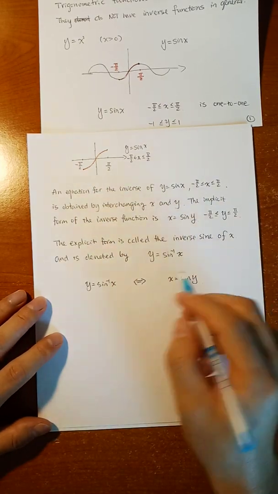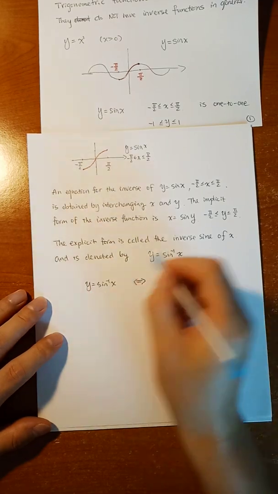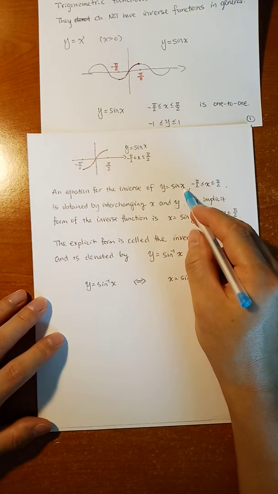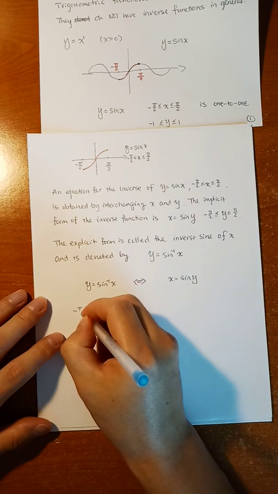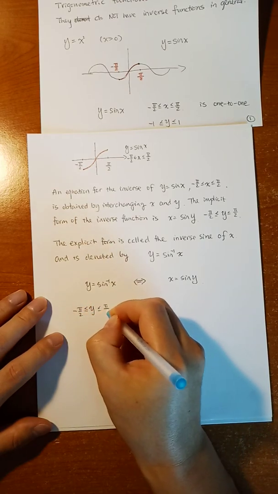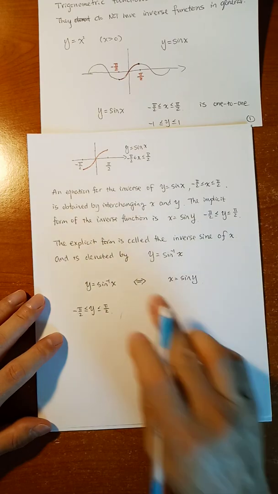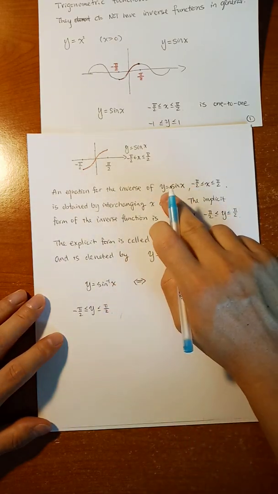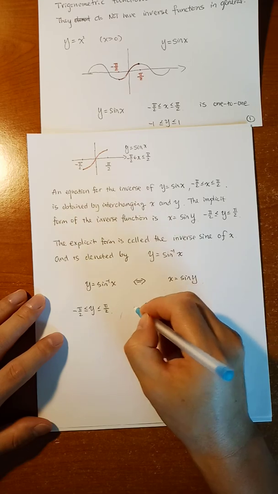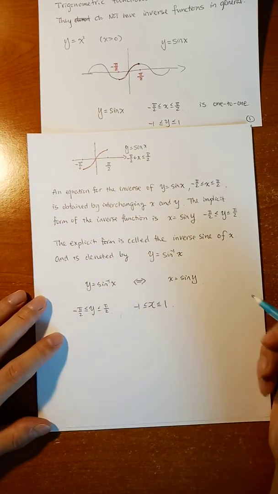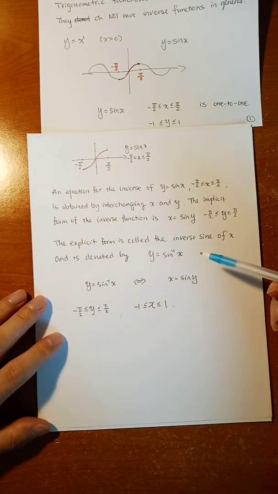X is sine y. And in this part, y is in the place of original x. So y is between negative pi over 2 and positive pi over 2. And x is in the place of y. So x is between negative 1 and positive 1.